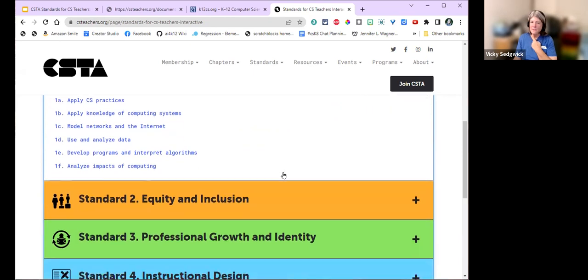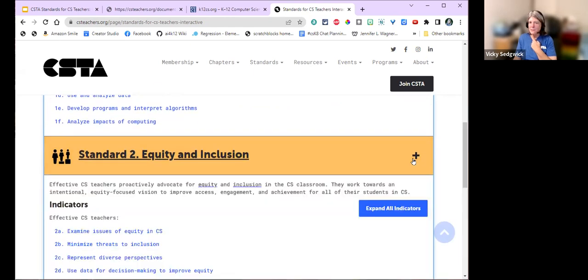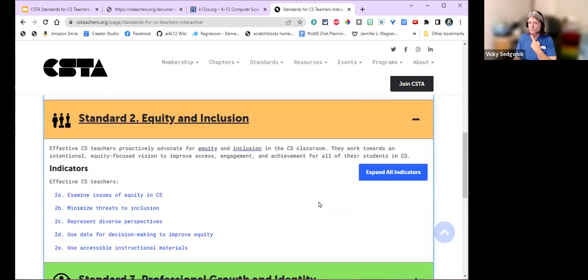Okay. The second one is about equity and inclusion. And this one's so vital these days because, as we all know, equity and inclusion in the CS industry is not really good. At least in the US it isn't.